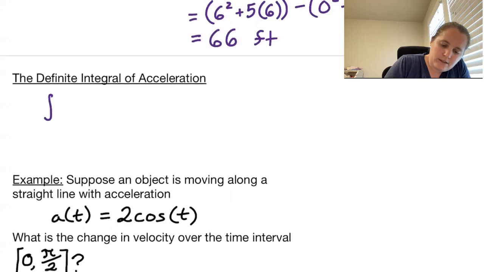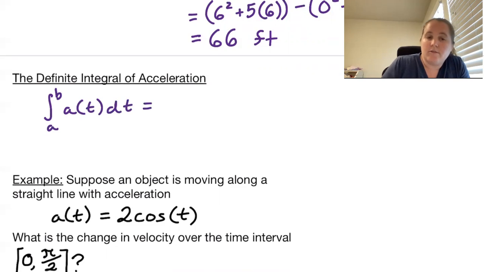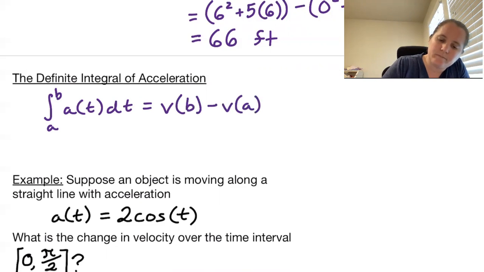So if we want to take the definite integral from a to b of a of t dt, velocity is an antiderivative of acceleration. So we could just use v of b minus v of a. And again, velocity is an antiderivative of acceleration.